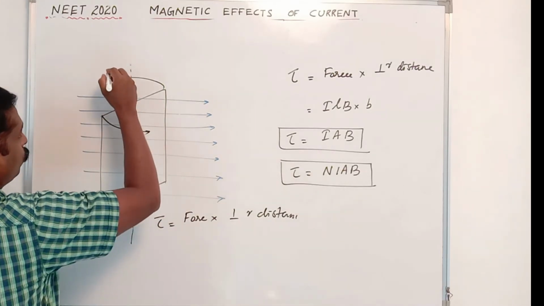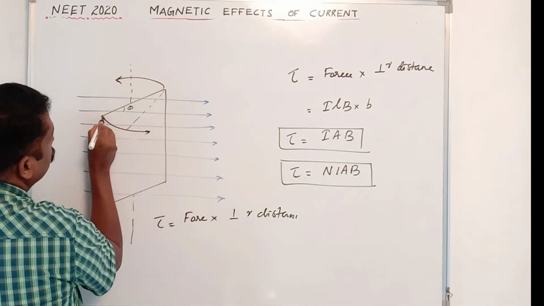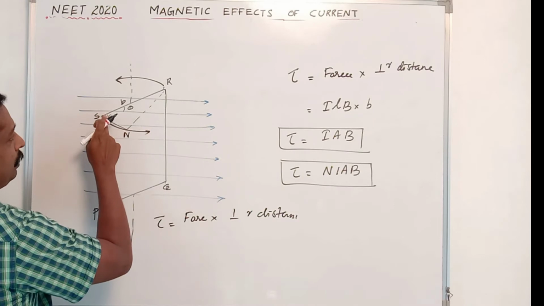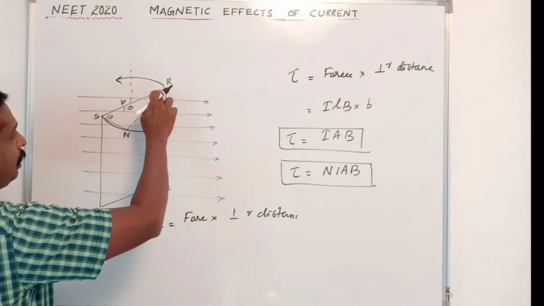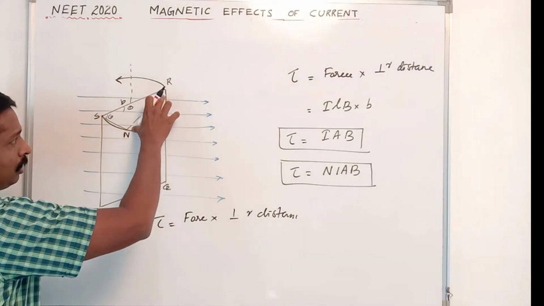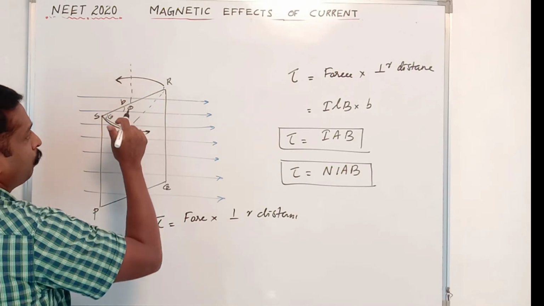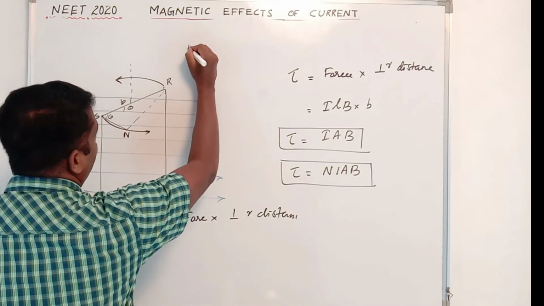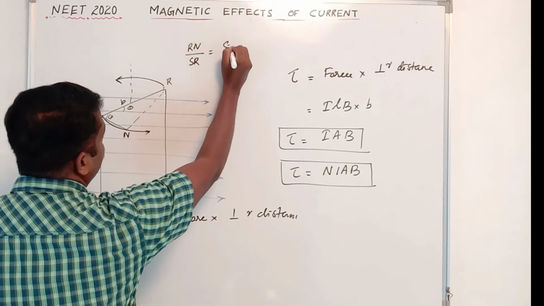So these two forces constitute a couple, and the perpendicular distance between the forces is taken like this. If this angle is theta, then the opposite side of the triangle RSN is the perpendicular distance, and SR, the breadth of the rectangle, is taken as the hypotenuse, then RN by SR is equal to sine theta.